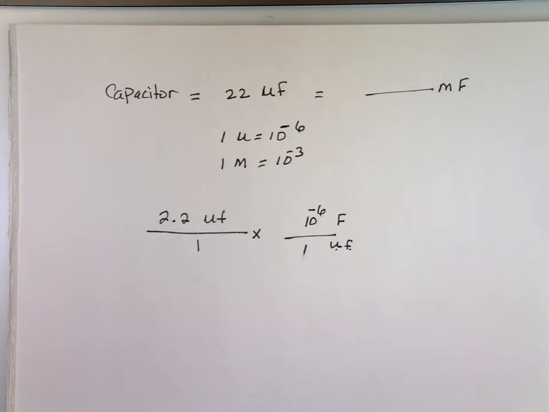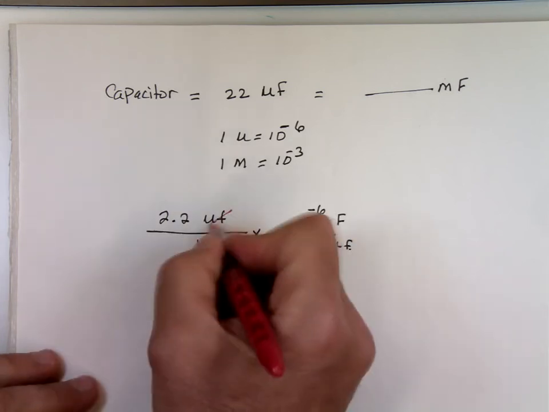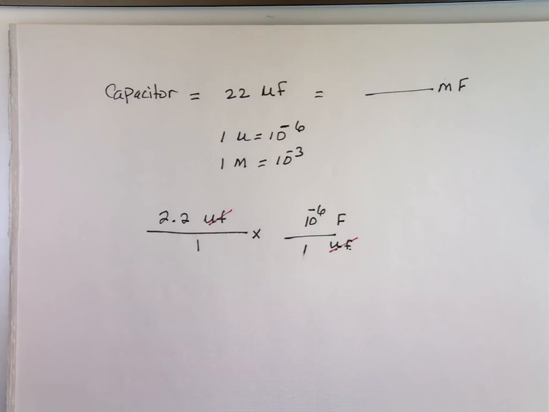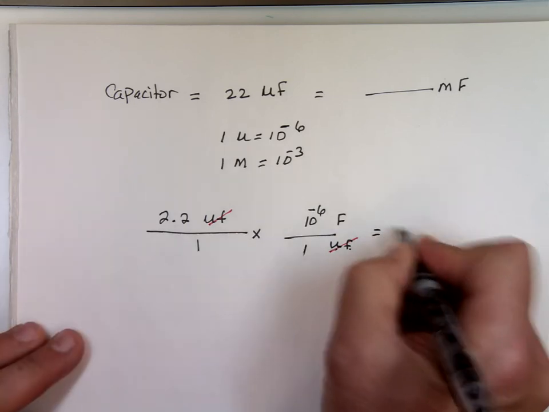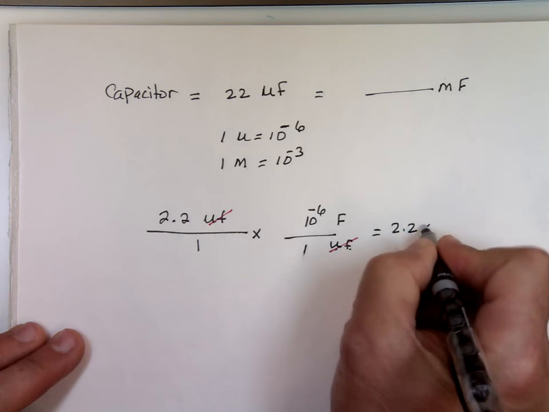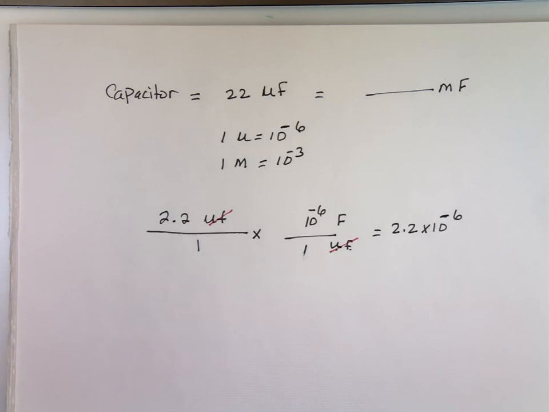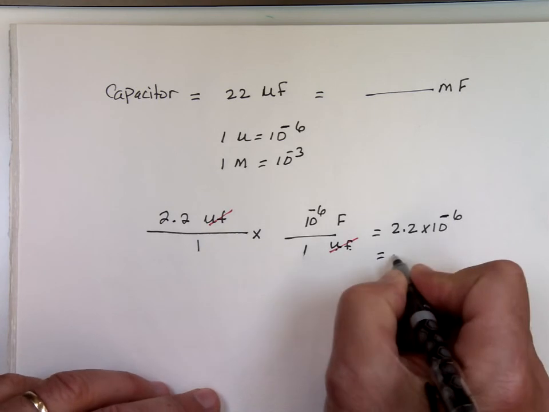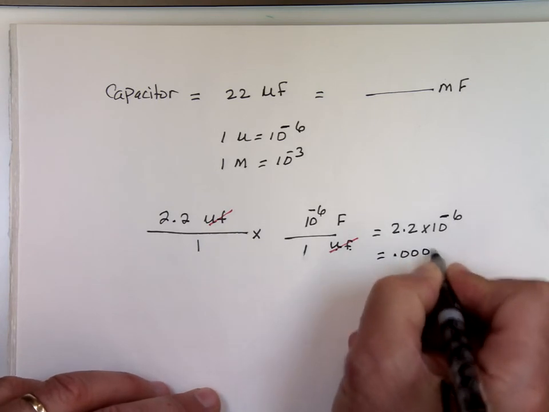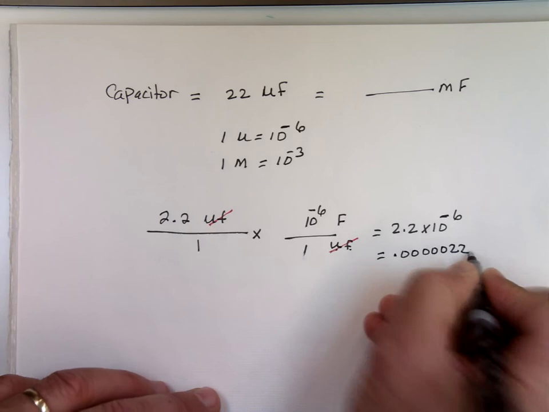So if you go from micro just to farad, you're multiplying by 10 to the minus 6, which means in math, move the decimal point how many places? Isn't that 6 places to the left? So I can leave it like this, or I can write 0.00000022. That's really what that number is. It's the same thing.